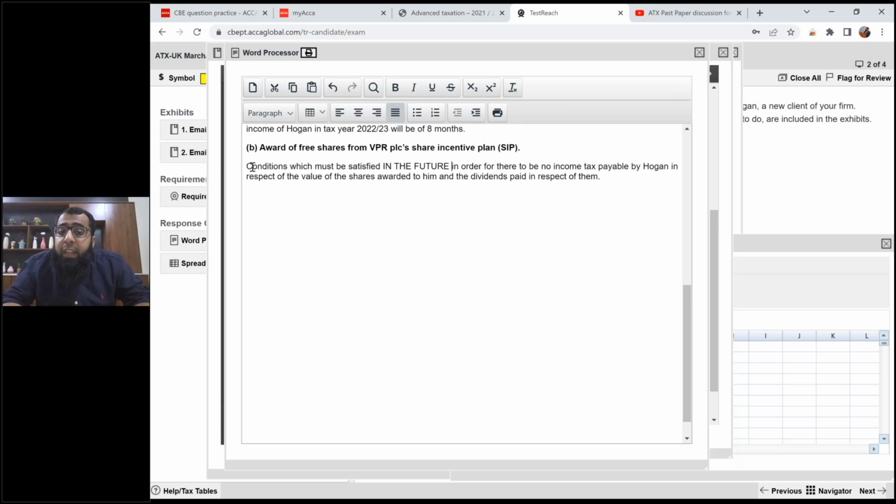Conditions which must be satisfied in the future in order for there to be no income tax payable by Hogan in respect of the value of the shares awarded to him and the dividend paid in respect of them are: Number 1, Hogan should retain the shares awarded under the SIP plan for at least 5 years from the date of award. Okay, so you have to retain those shares. Hogan should reinvest the dividend amount received to purchase further shares.